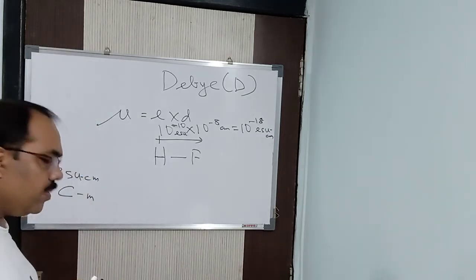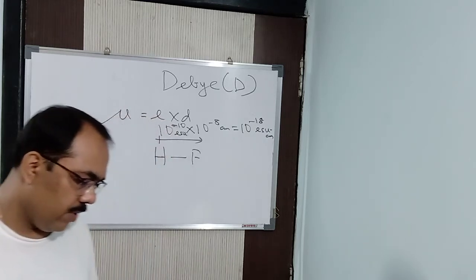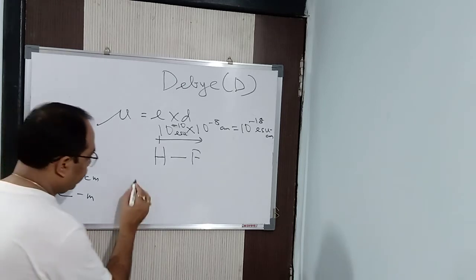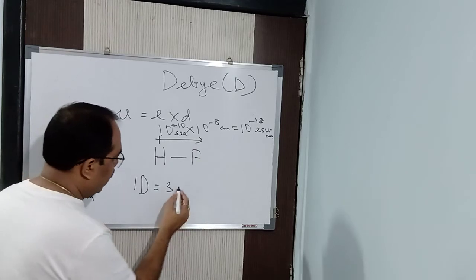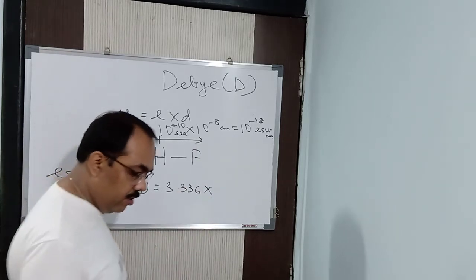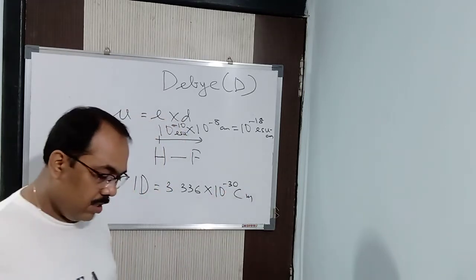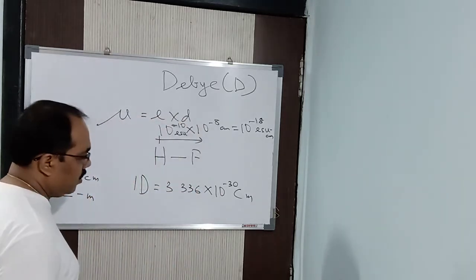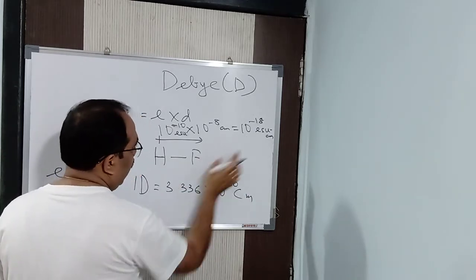Generally, this is on average for an atom. The value of 1 debye in the SI system is 3.336 times 10 to the power minus 30 coulomb meter, because we convert ESU to coulomb and centimeter to meter.